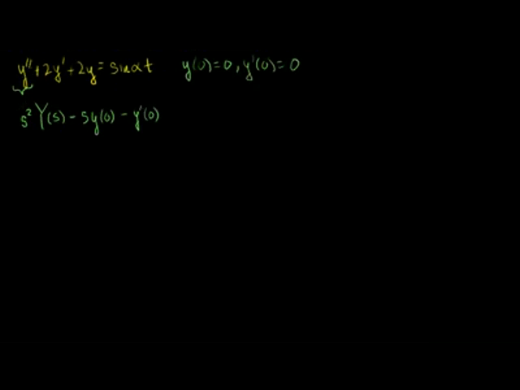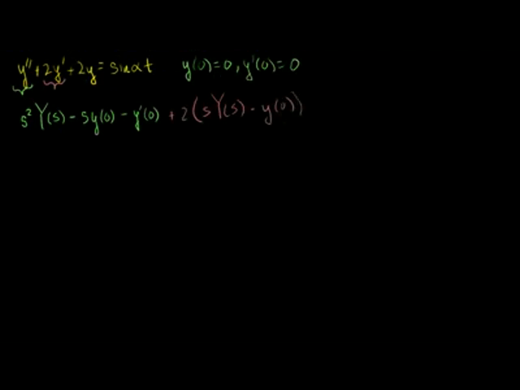Now we have to do the Laplace transform of 2 times the first derivative. That's just going to be equal to plus 2 times s times the Laplace transform of y, minus y of 0, and we just have 1 left.